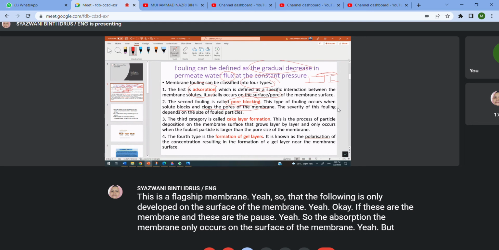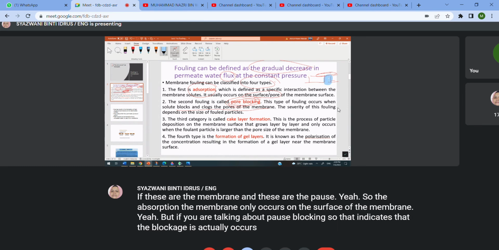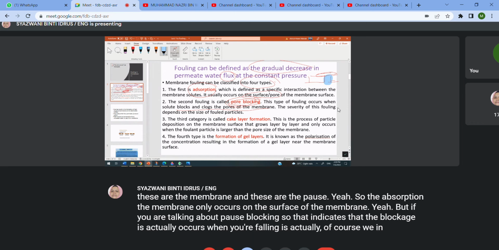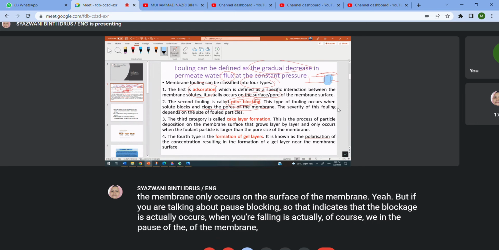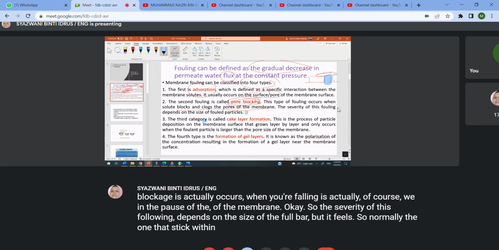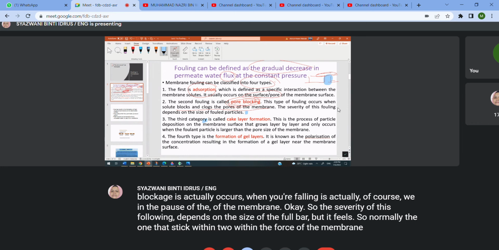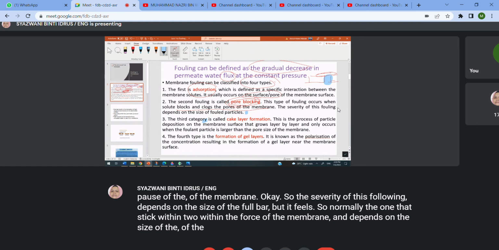But if you are talking about pore blocking, the blockage occurs when the fouling occurs within the pores of the membrane. The severity of this fouling depends on the size of the particles that stick within the pores. The third one is the cake layer formation.